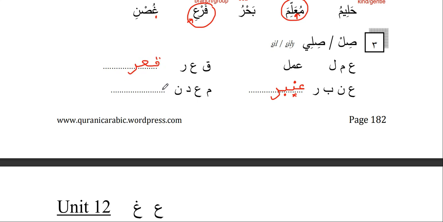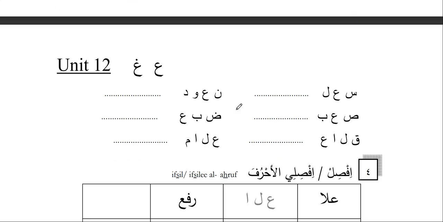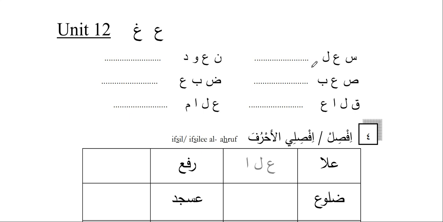Qa'ara, meme. Now anti-clockwise. Now go up, bow tie, come down. Now the same tail, dal. Dal is a non-connector, so you can lift up your pen and then noon will be isolated. Let's move on to seen, ain and lam.